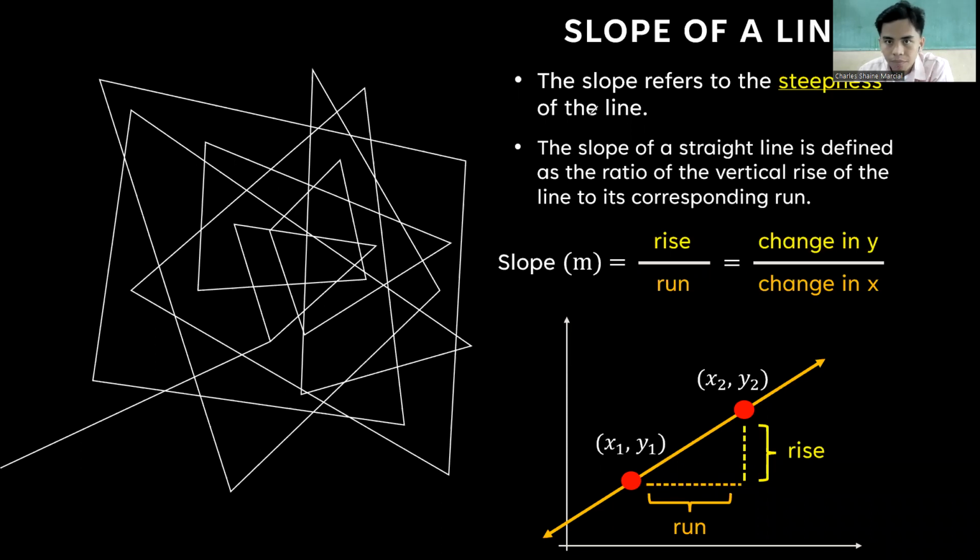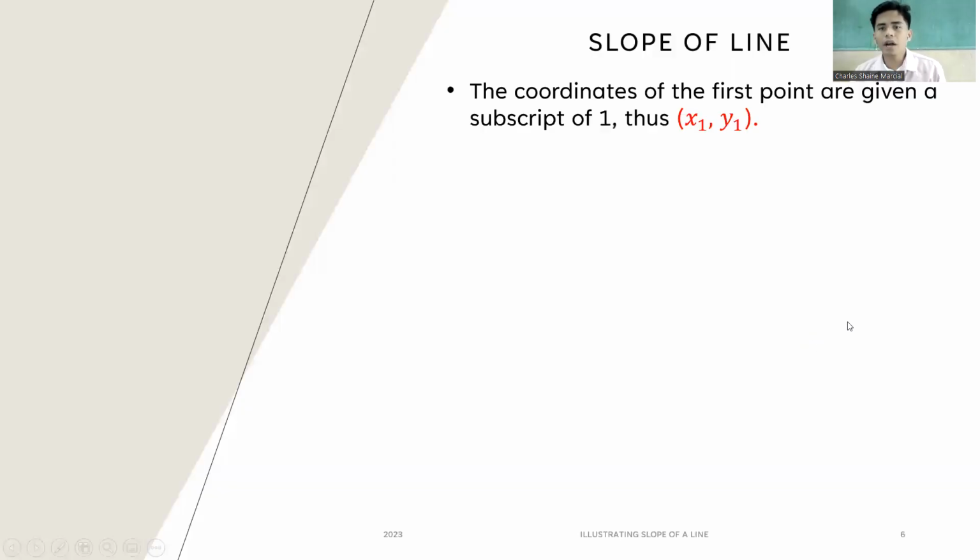So, pwede rin siyang ganito. Okay po. Ayan, pwede rin ito. Okay, so this is our rise and this is our run. Alright? Now, the coordinates of the first point are given a subscript of 1, thus x sub 1 and y sub 1.